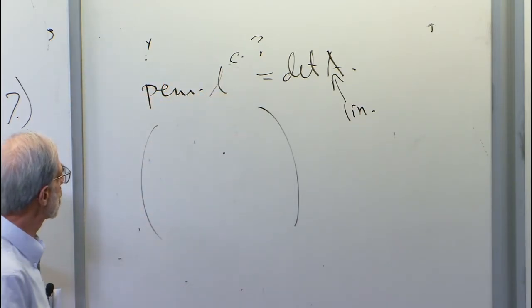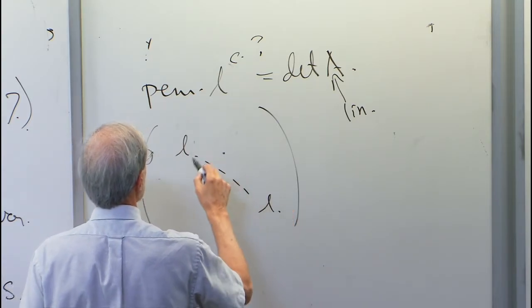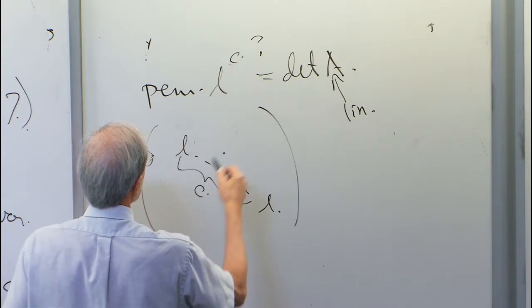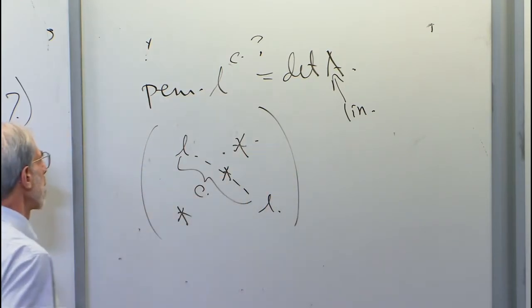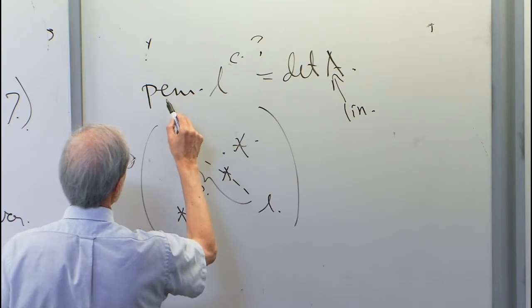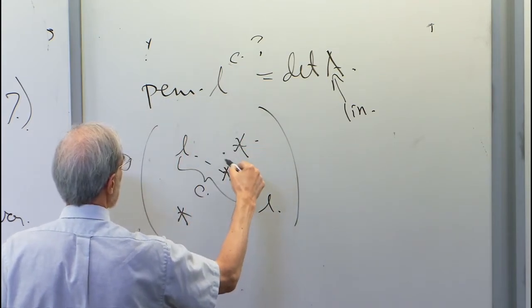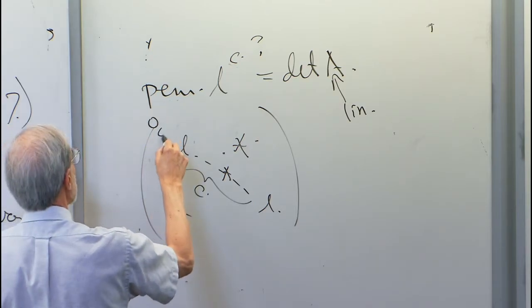So it's some power of L, and you have some L's down the diagonal, and then other stuff elsewhere, and maybe on the diagonal too. So the matrix has to look like that, where the stars represent variables that appear in the permanent, and the L's are the new variable, and then there's some zeros up here.